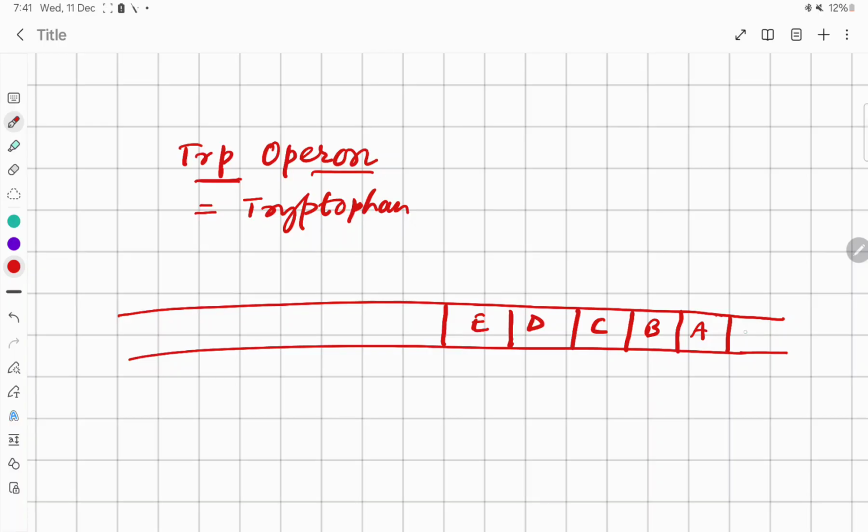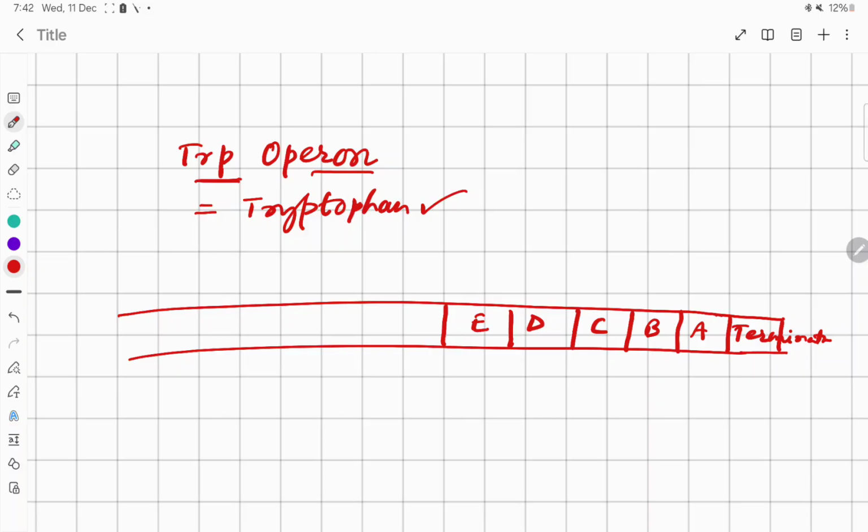Then we have the terminator which will stop the gene transcription, and these 5 genes are required for the synthesis of the enzymes which are required for tryptophan synthesis.